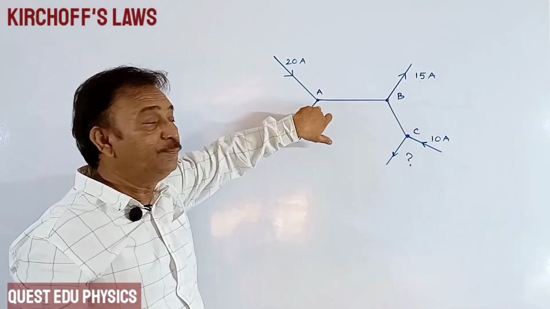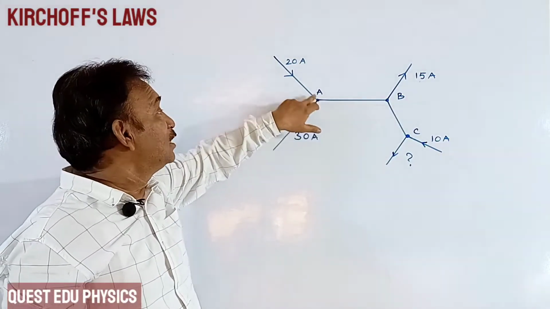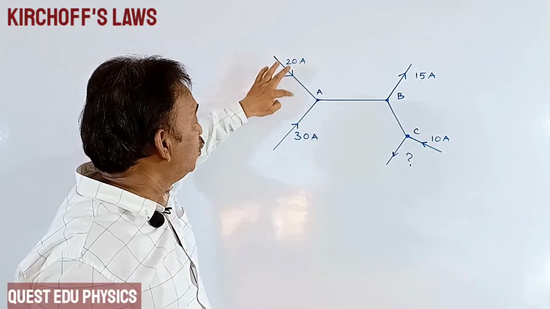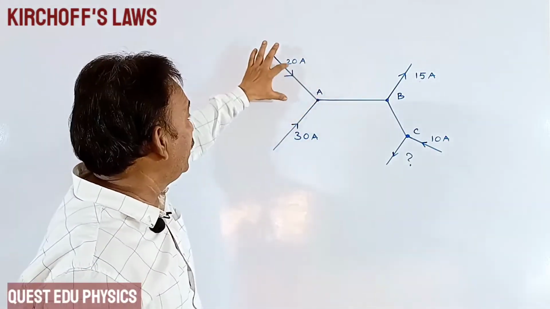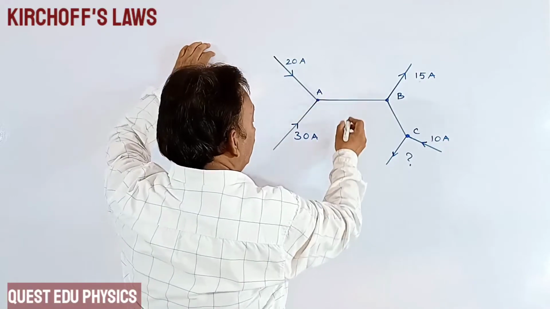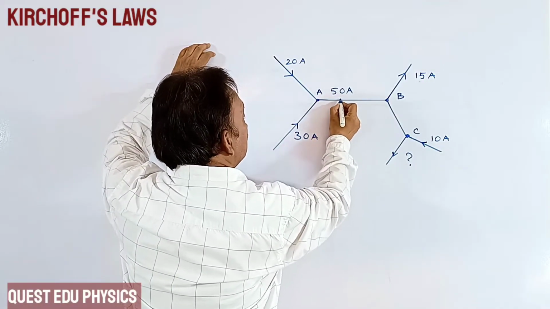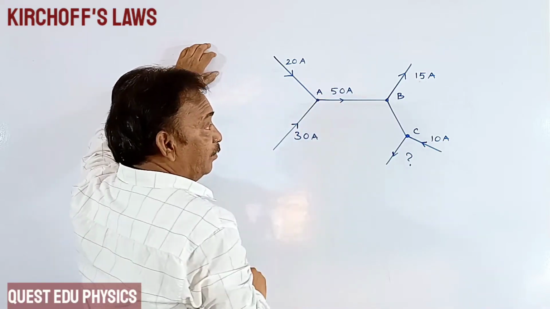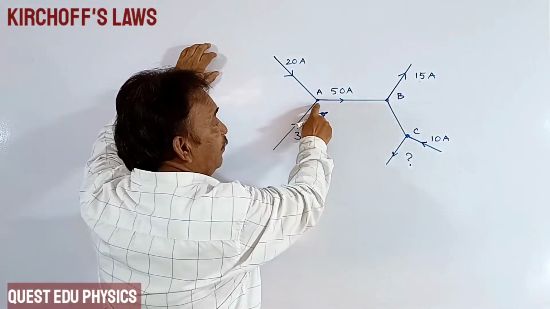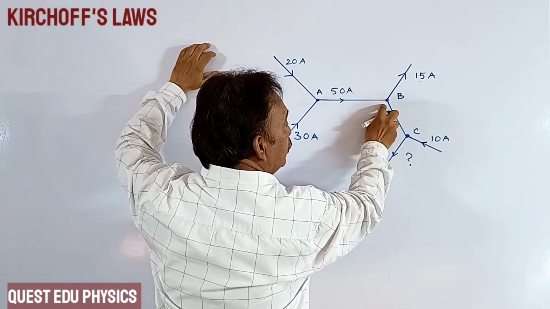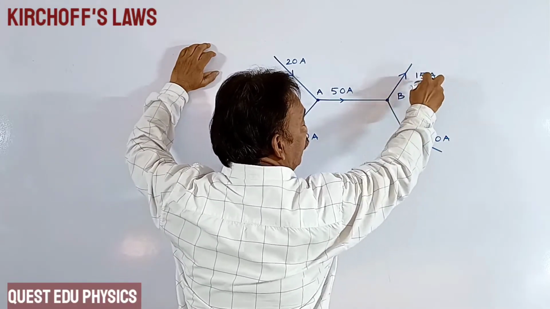According to the law, at a junction, the sum of the incoming currents must be equal to the outgoing currents. These two currents are reaching the junction. That means the sum is 20 plus 30. It is 50 ampere of current leaving the junction. And again, this 50 ampere of current is entering the junction and 15 is leaving.